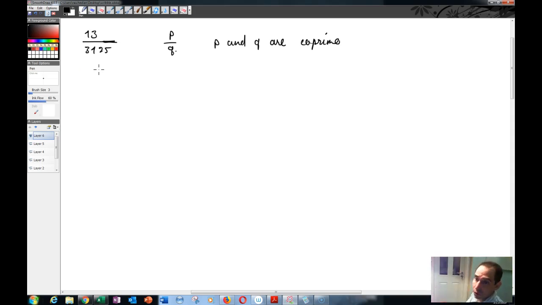First, I need to prime factorize this number, see what sort of factors I have here. If there is a factor of 13 in here, I could cancel them out, and then the numerator will change.